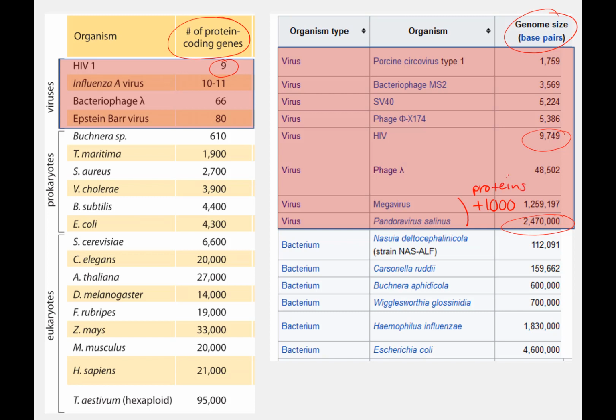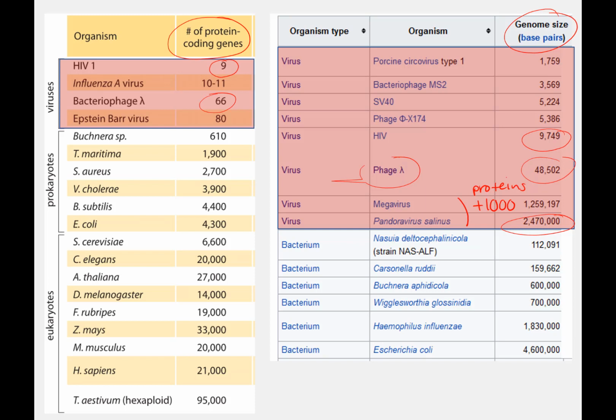So these are really big, much more complex viruses. And then you have something like lambda phage, which has a pretty big genome and encodes about 66 genes.